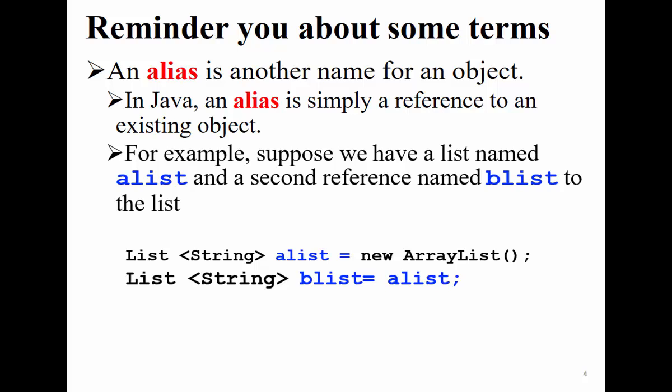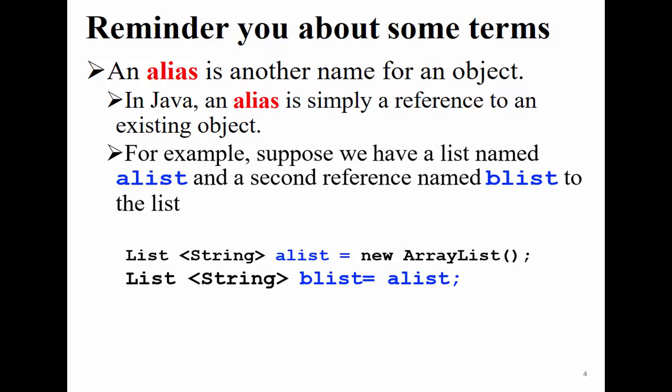Actually, we use it as a reference type. List is the name, and the actual type of the object is ArrayList. Now this ArrayList can store strings, so it can only contain strings. And this is also an example of generics. We're going to cover generics later on in this course. So this ArrayList will store strings.